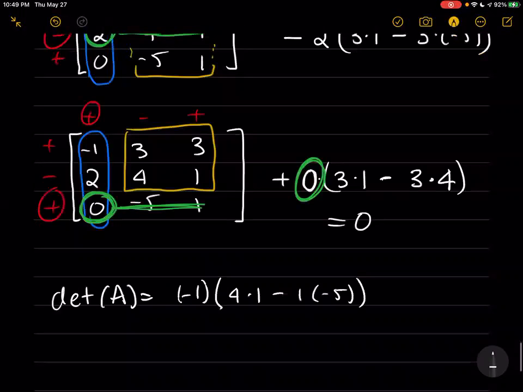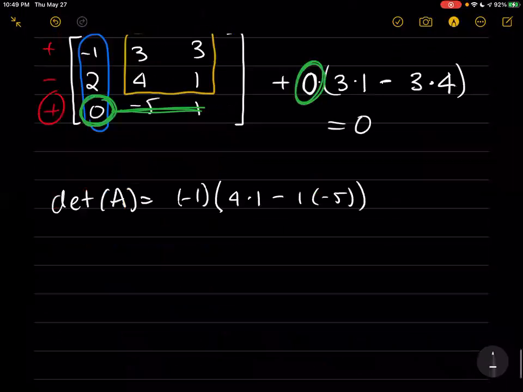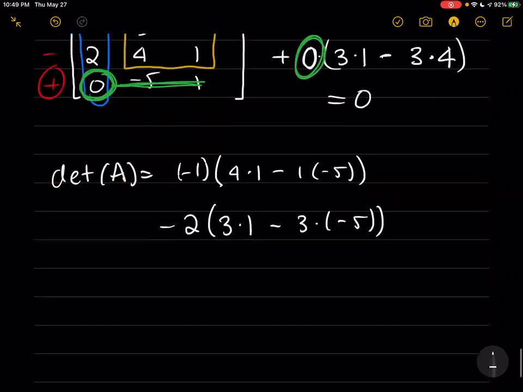And then we got a negative, so minus 2 times that thing. So this will be a minus 2 times 3 times 1 minus 3 times negative 5. And then, as we discussed earlier, because this is 0 times whatever, this is just going to be plus 0. And then when we go ahead and simplify this out, I think we end up getting 15.